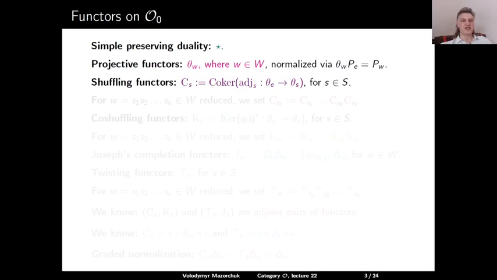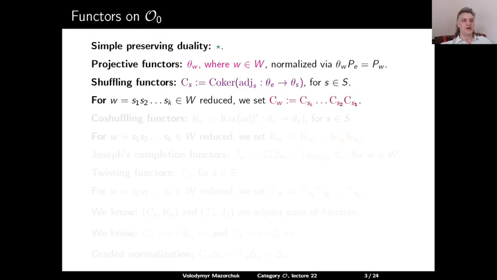Further, we have defined shuffling functors CS for each simple reflection S as the cokernel of the adjunction morphism from the identity functor theta E to the translation theta S through the S wall.